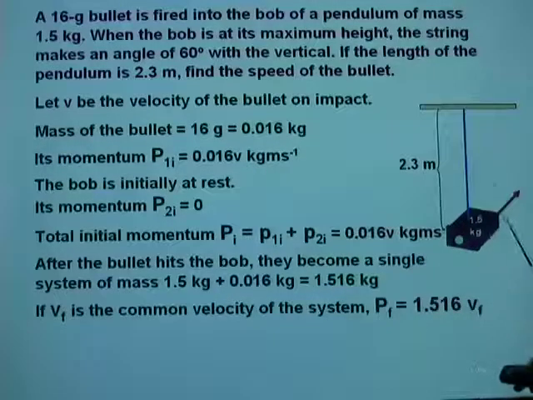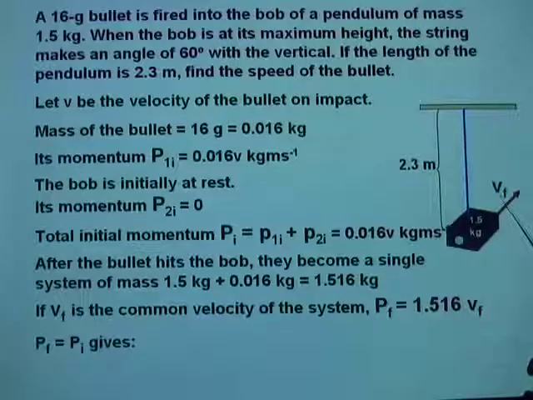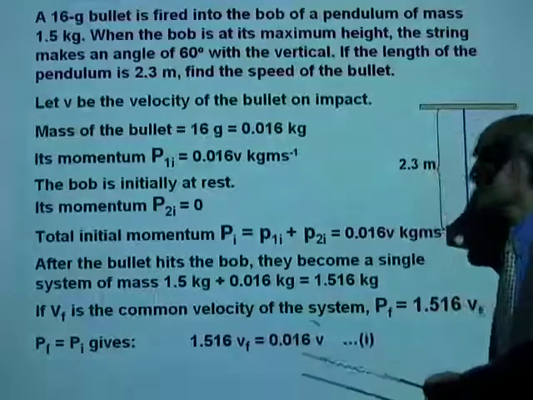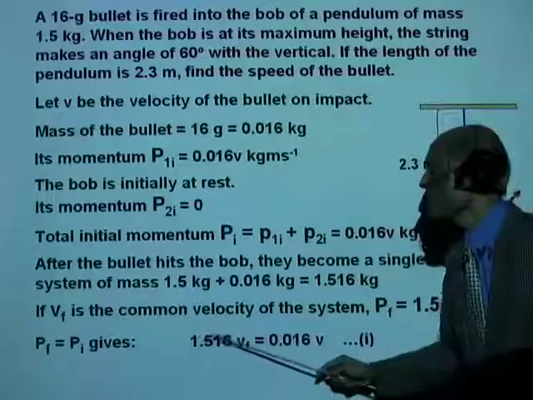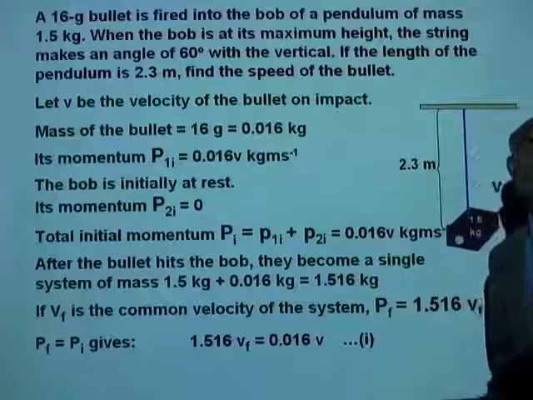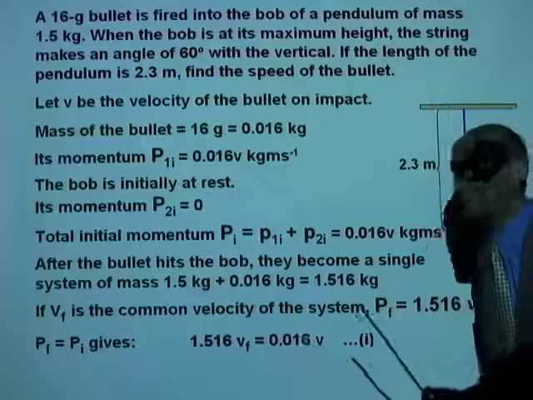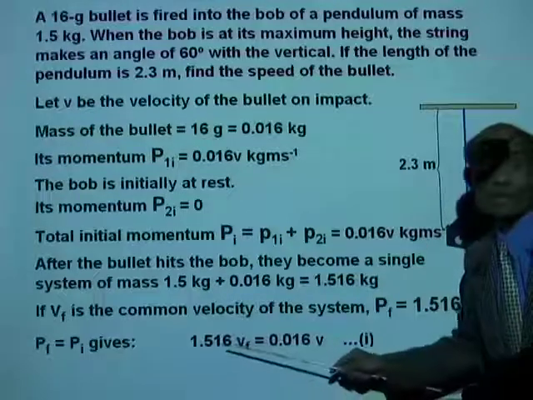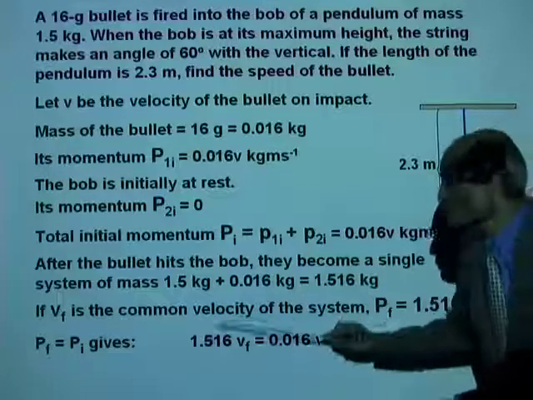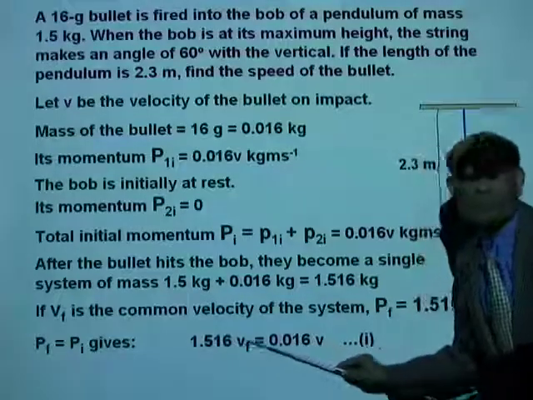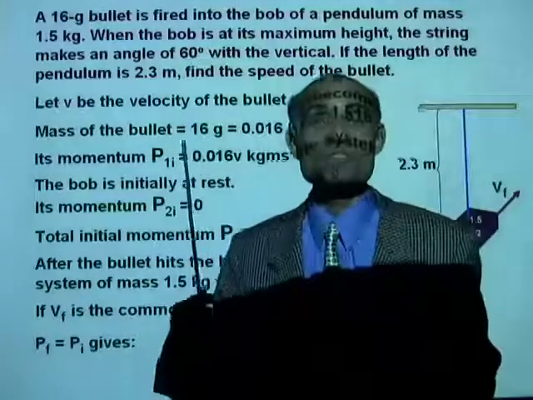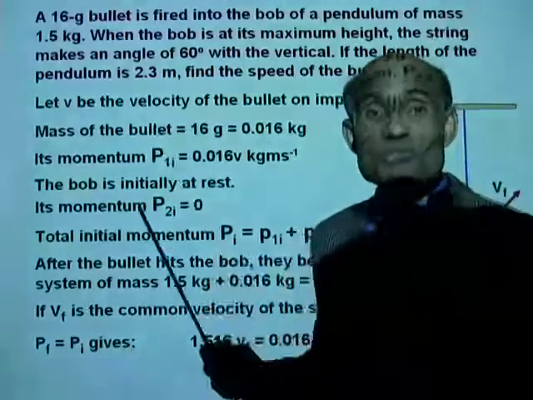Is that right? Now this is the Vf, the final velocity. Pf equal to Pi gives you this relation, 1.516 Vf equal to 0.016 v. Now we cannot solve anything from there because there are two quantities we don't know. So using the conservation of momentum, we got one equation. We will now go and use the conservation of energy to produce another equation.